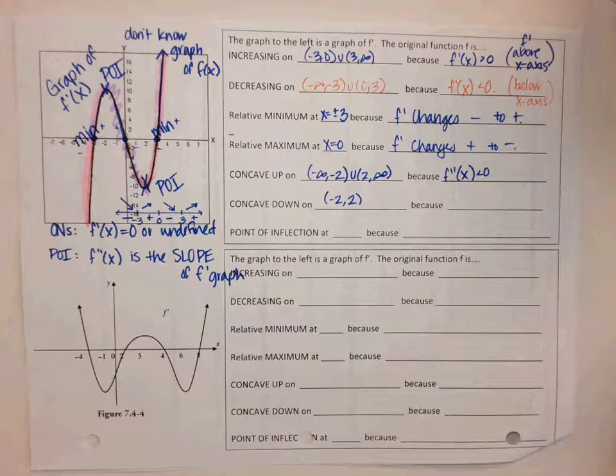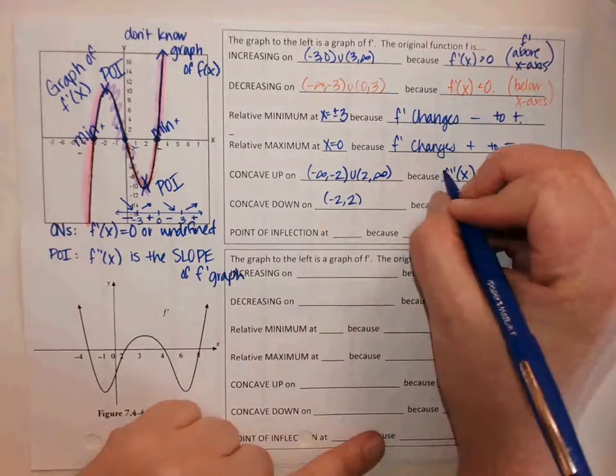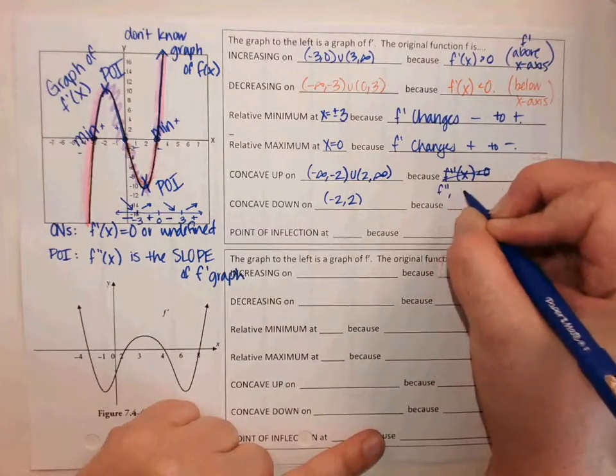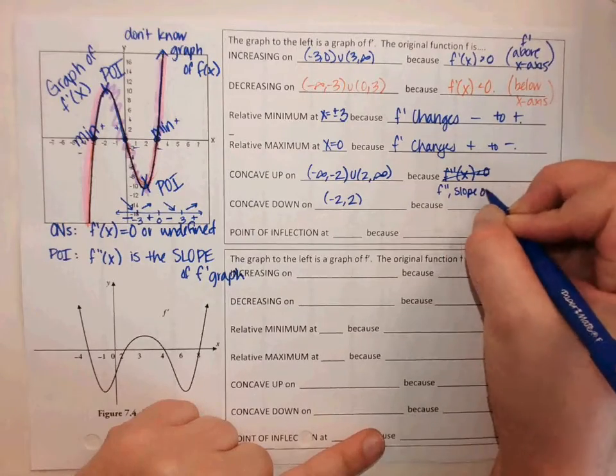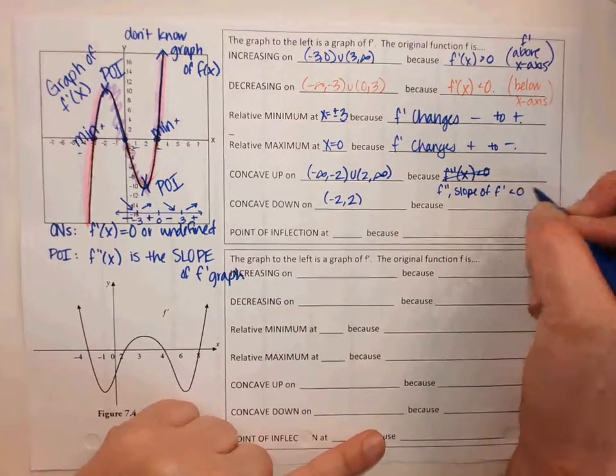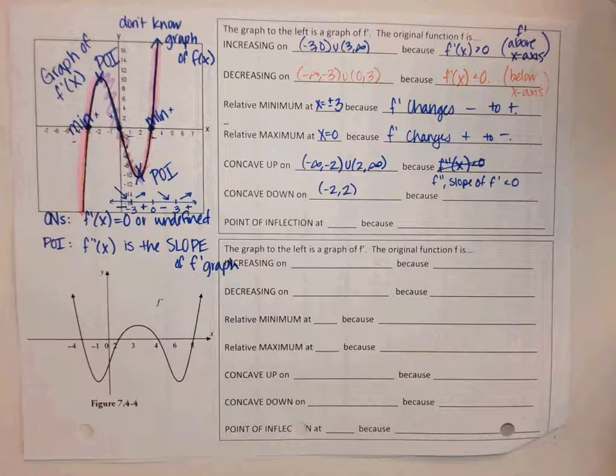So what you have to do is say f double prime, the slope of f prime, is less than 0, and connect it to what they gave you. So you would say f double prime, which is the slope of the graph you gave me, is less than 0. Even though it's kind of annoying, you just do it every time and it'll be easy.